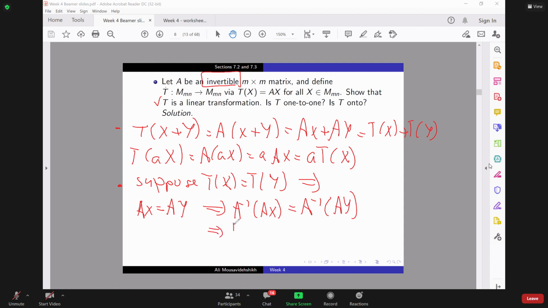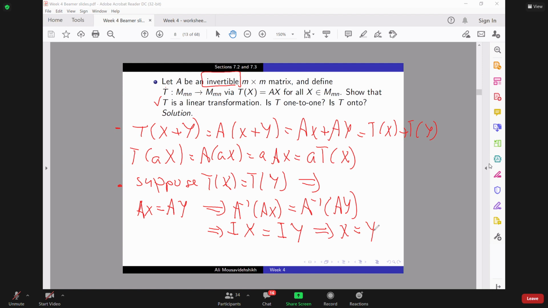Now the left side becomes I X, the identity matrix times X, and the right-hand side is I Y, which says X equals Y. Be very careful here. Invertibility is essential in this part of the proof.